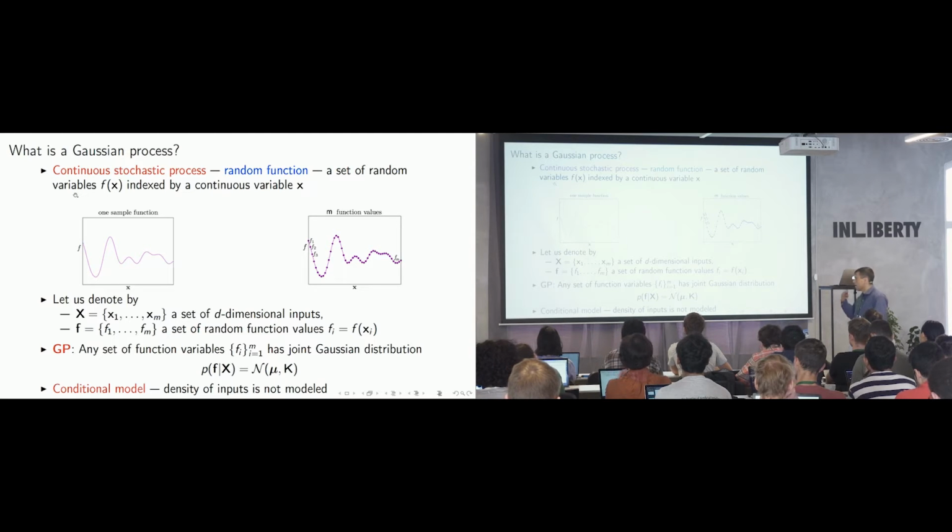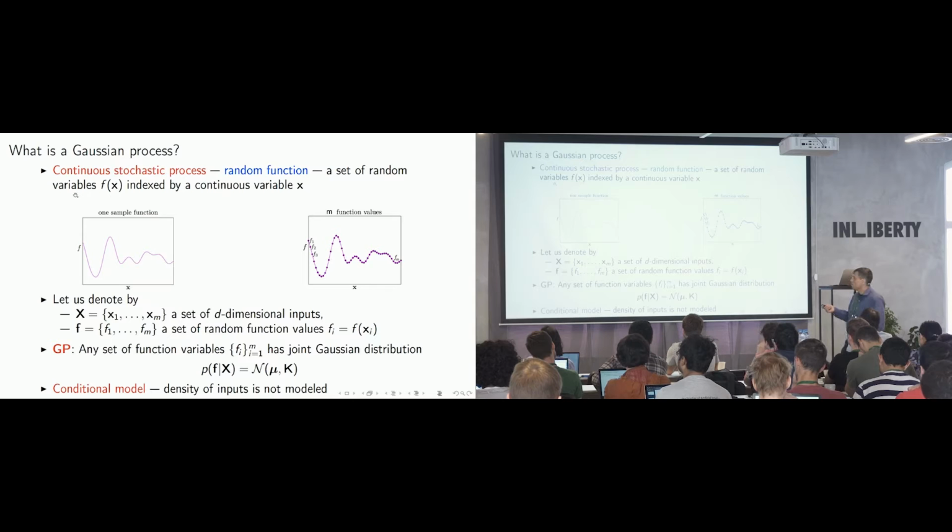So all my pictures will be mainly in the one-dimensional case. But of course, in general, we consider stochastic processes with an index which is some multidimensional input belonging to some input domain.